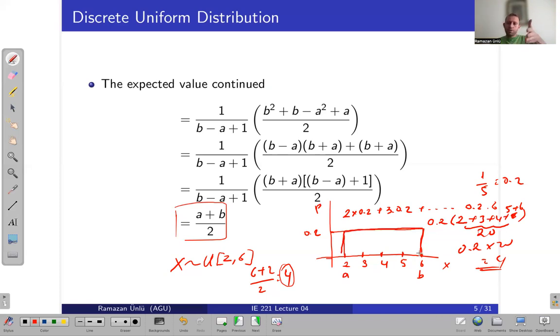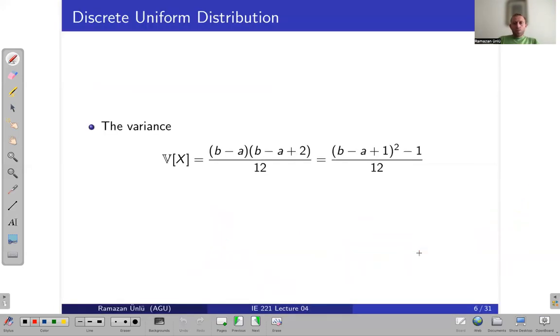That's why we use that simple formulation. In addition to the mean, we can also calculate the variance with a simple formulation, and this is the formulation.